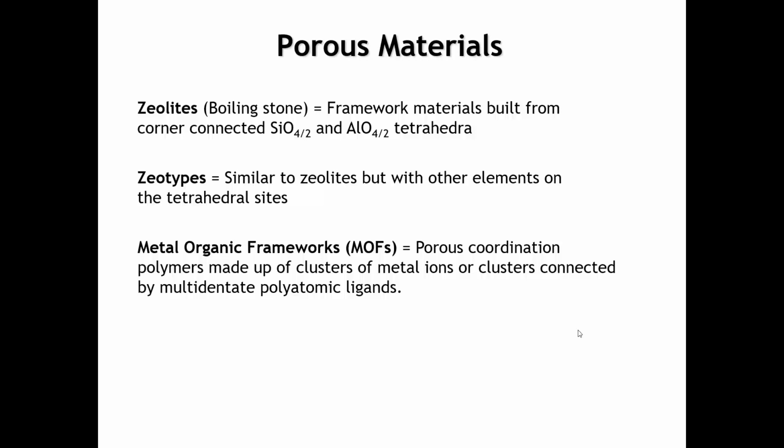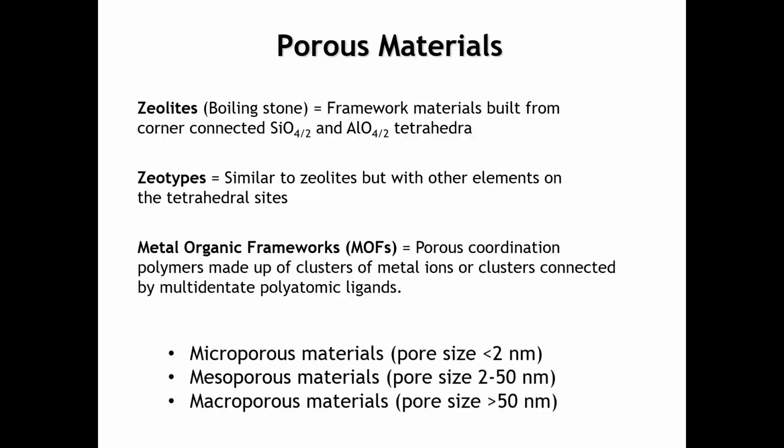Now, a related class of materials are called zeotypes, which have the same kinds of structures, but now they have elements other than aluminum and silicon on the tetrahedral sites. And then we have metal organic frameworks, which are coordination polymers that have open pores within them. And here we're largely using metal ions or clusters of metal ions that are coordinated by oftentimes multidentate organic polyatomic ligands.